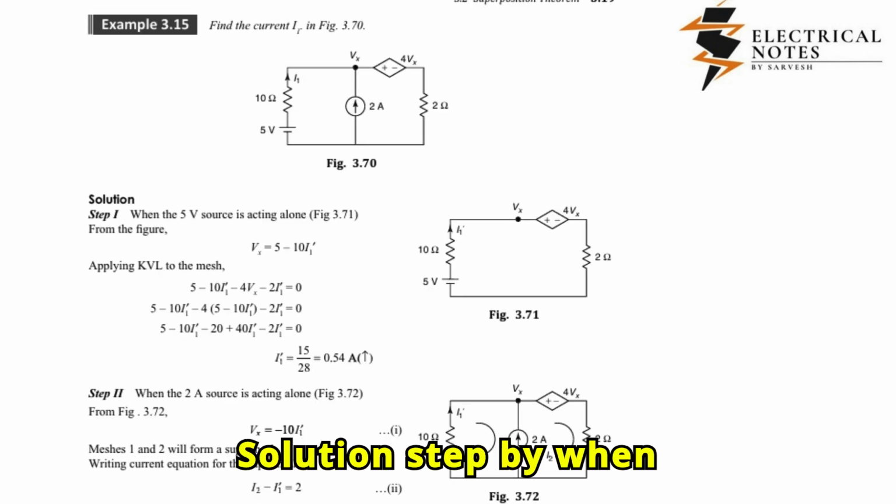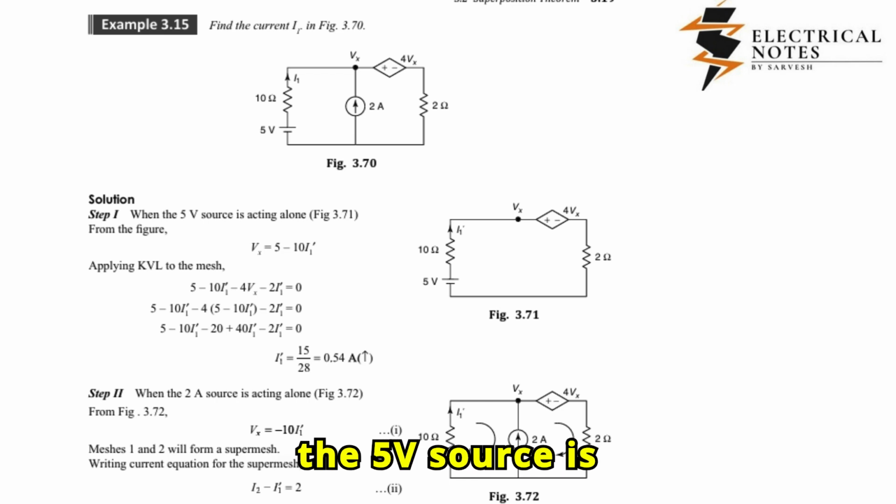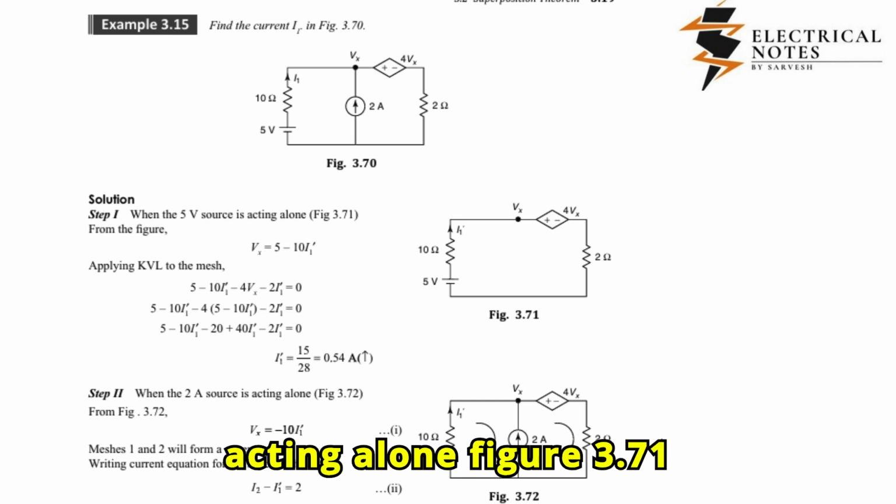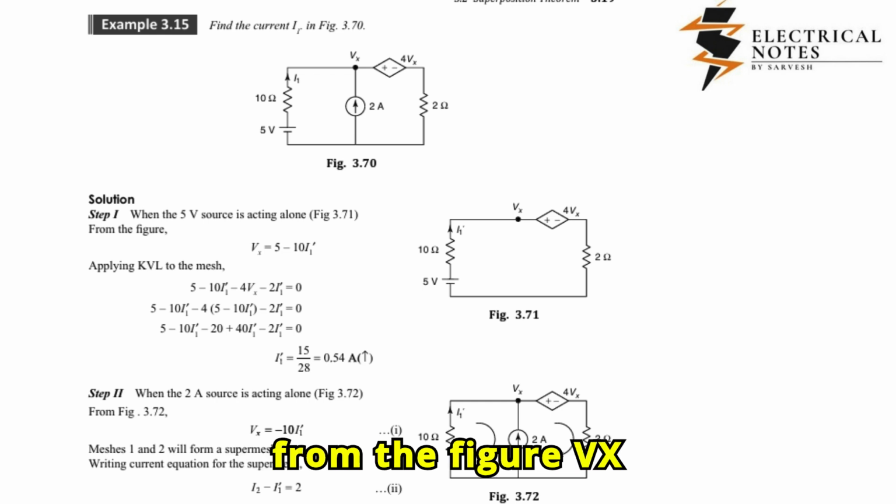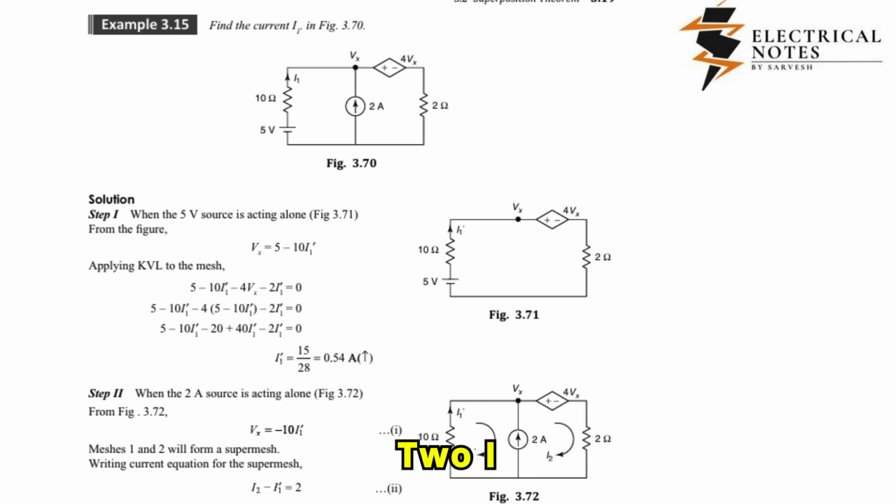Solution. Step 1: when the 5V source is acting alone, Figure 3.71. From the figure, Vx equals 5 minus 10I1. Applying KVL to the mesh: 5 minus 10I1 plus 4Vx minus 2I1 equals 0.